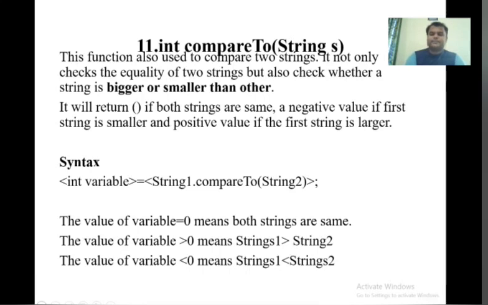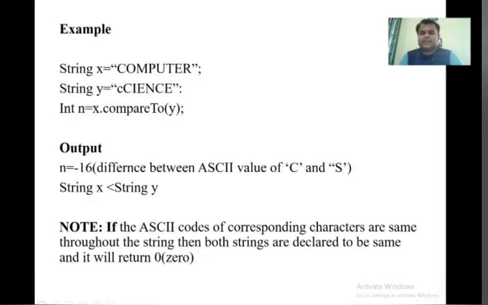Okay. Here you can take the example. String x is computer and string y is taken as the same, C is C. We are going to find x.compareTo(y). What is the difference between capital C and small c? We calculate the ASCII value of capital C and of small c.